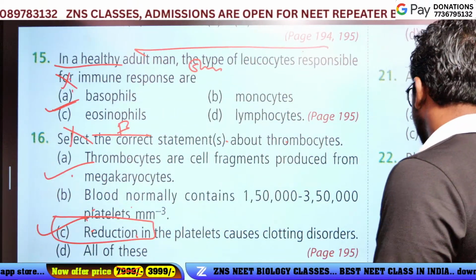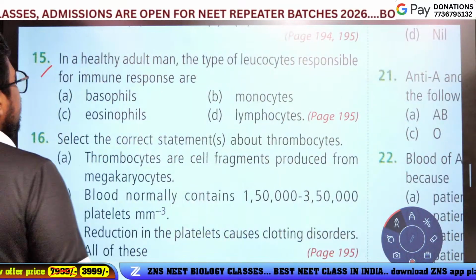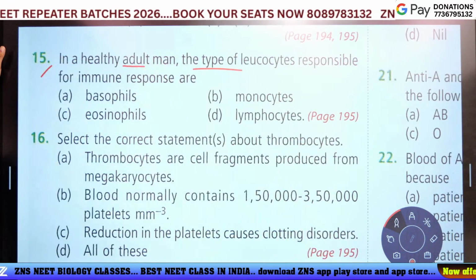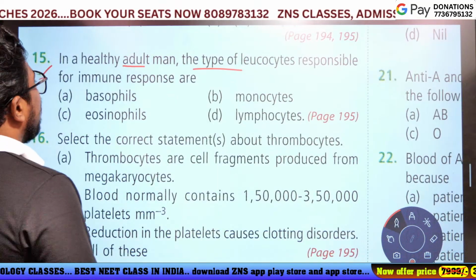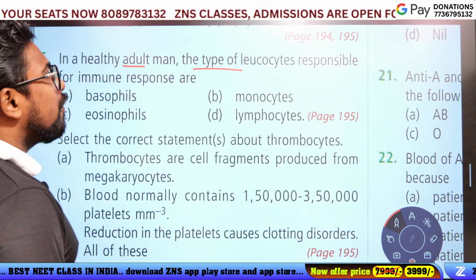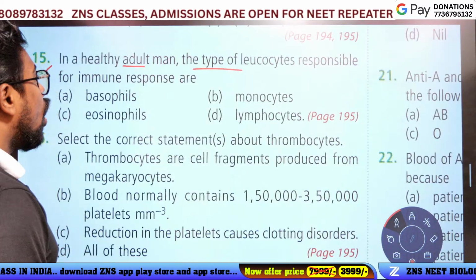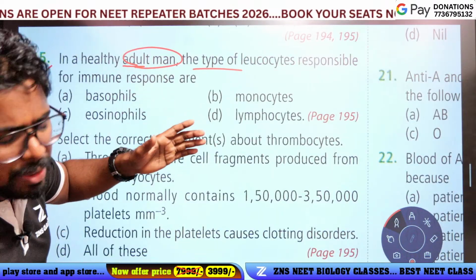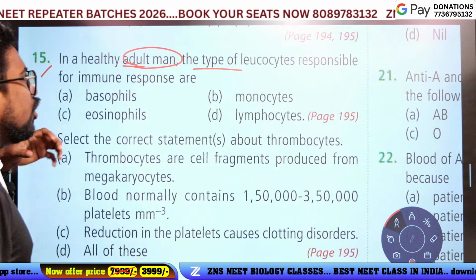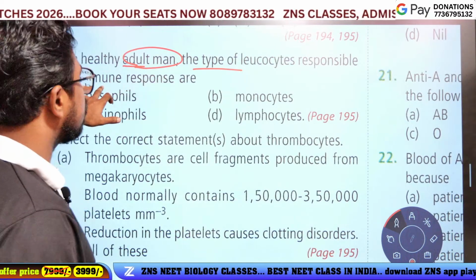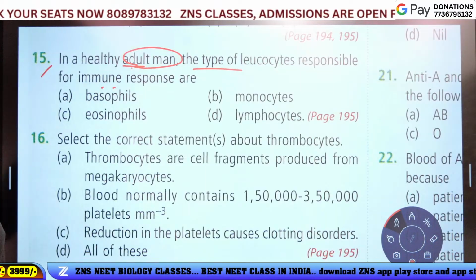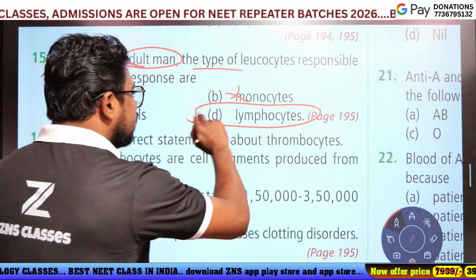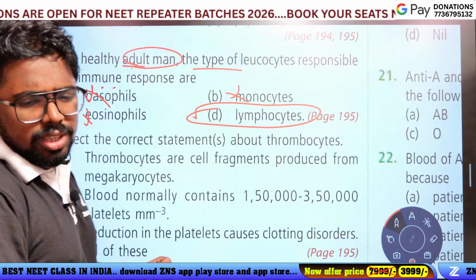Question number 15. In a healthy adult man, which type of leukocyte is responsible for immune response? The healthy adult man is just a confusing part, don't worry.